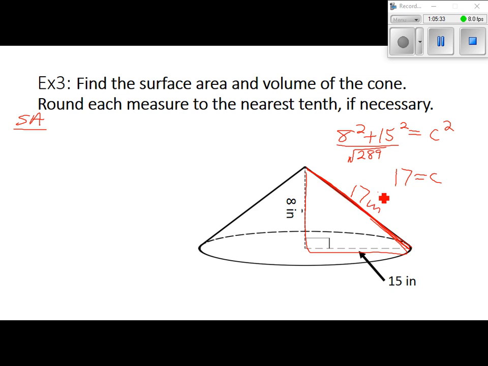So if you want to use that formula, you can. I'm going to set up both of them, and then we'll do both of them. One of the formulas would be surface area equals pi times radius squared, where the radius is 15, plus pi times radius times slant height.